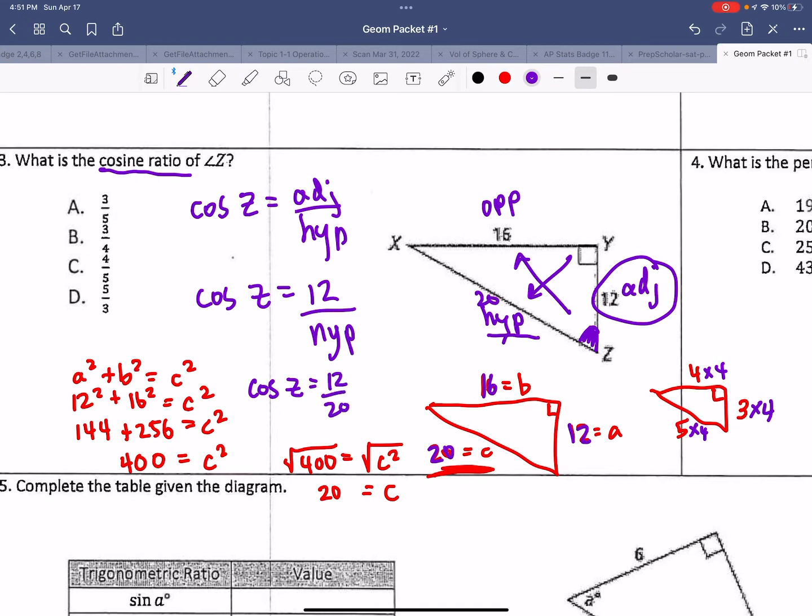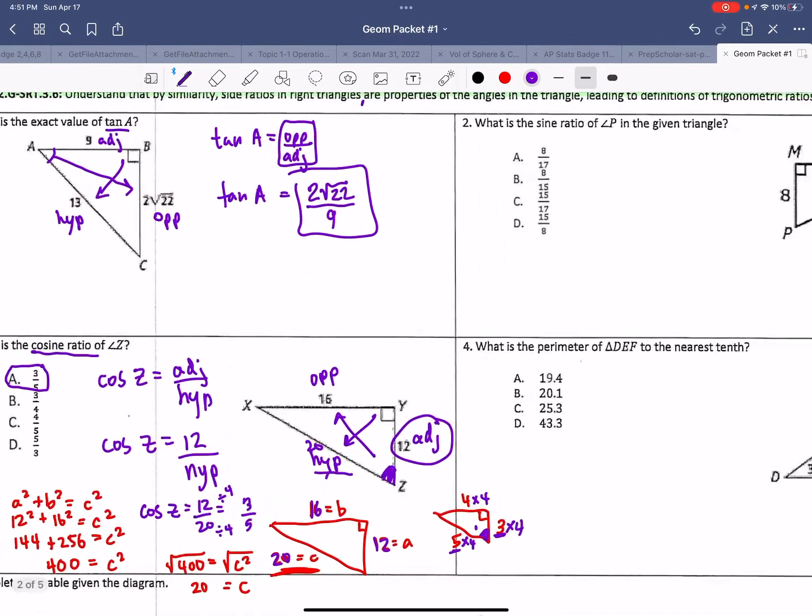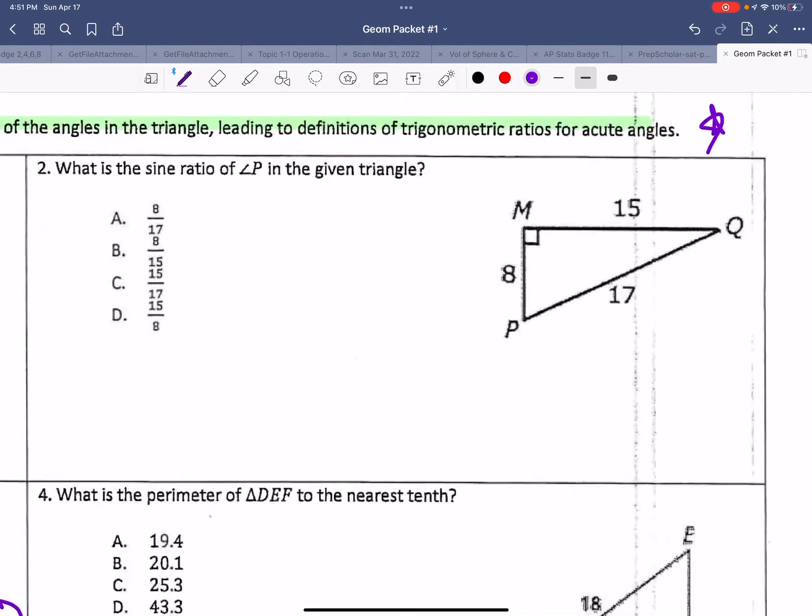So what is this fraction? It means the same thing, the cosine of Z, adjacent, 3 over 5. If I divide by 4 on top and 4 on bottom, we get 3/5. Very cool.